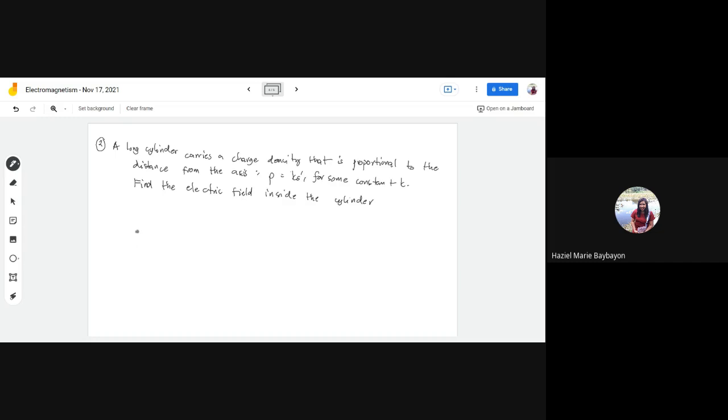All right. So we are not given the length, the dimension of the long cylinder. So ang gi-ingon lang is that it has a charge density equal to k s prime, where k is constant. And we are asked to find the electric field inside.